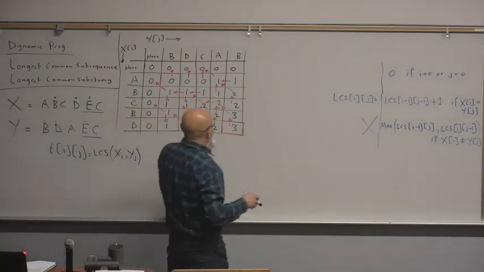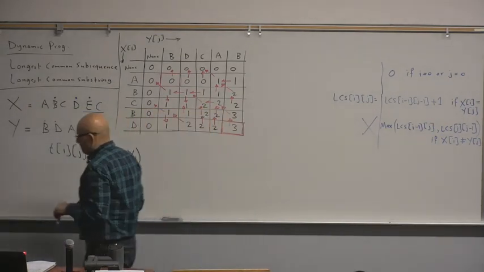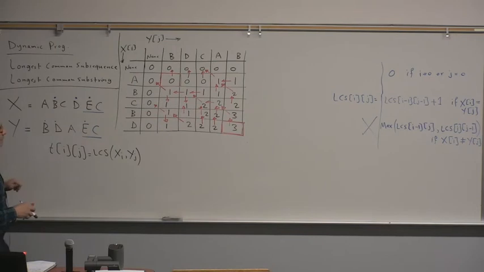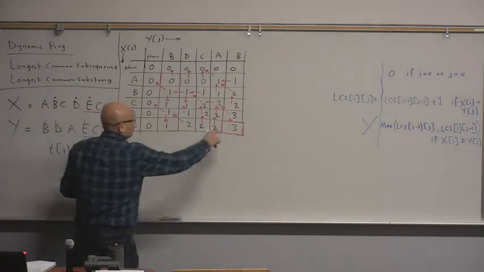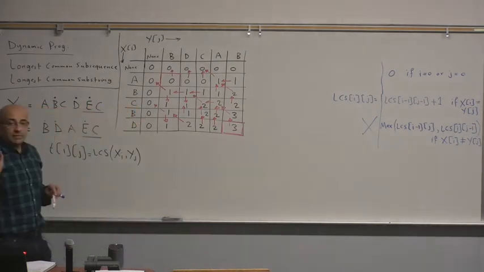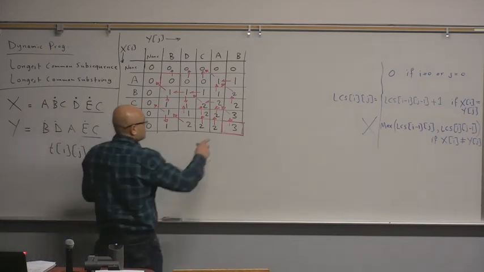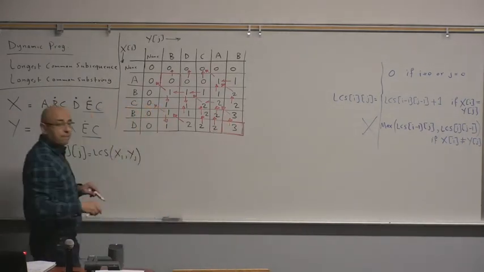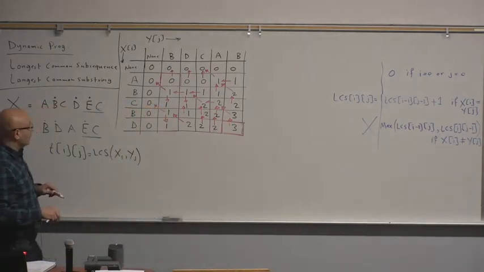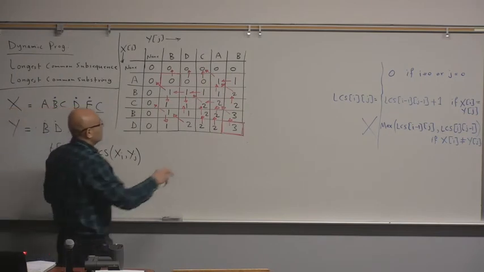So let's assume that in this case we store in each cell whether we went diagonal or we took from the previous row or the previous column. So here, since we took this from 3, we just go up.